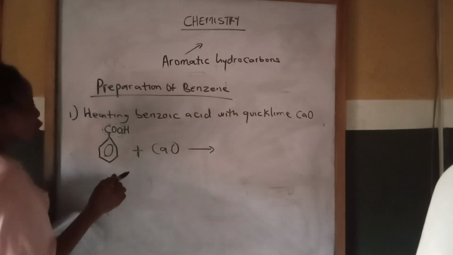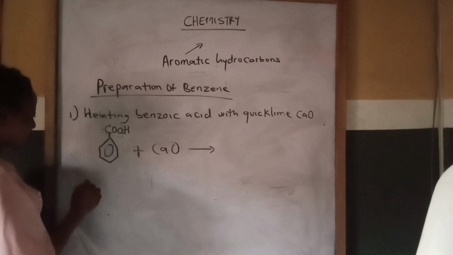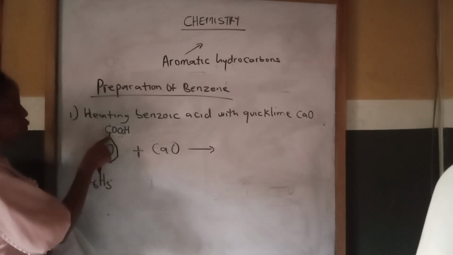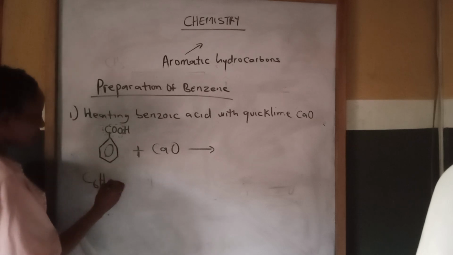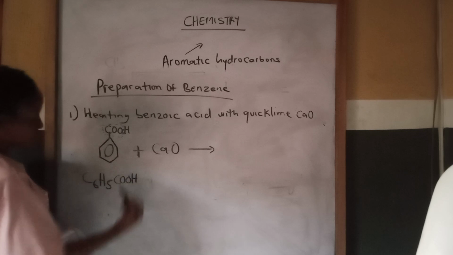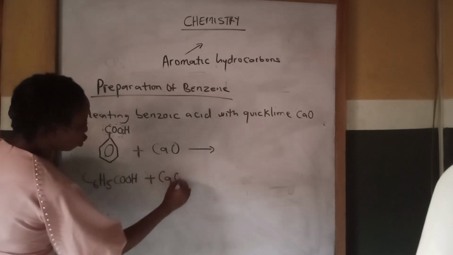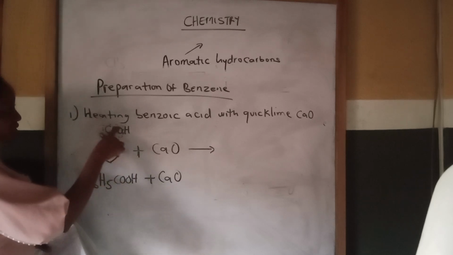Let me first use the molecular formula to explain. So what will be the molecular formula? That will be C6H5. Instead of C6H6 for benzene, we have removed one hydrogen atom from benzene and replaced it with the carboxylic group, COOH. Then plus CaO. C6H5COOH is the molecular formula.